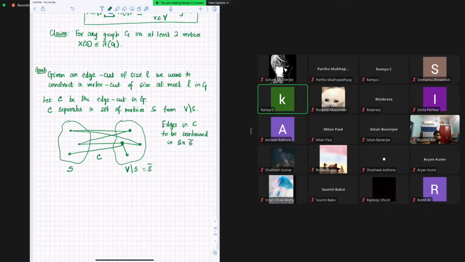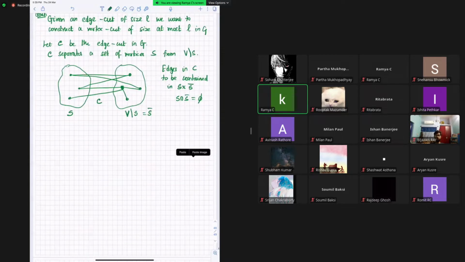So it picks one endpoint from S and the other from S complement, like a bridge. One pole is in S, the other end of the bridge is in S complement. We know that S intersection S complement is empty. So you have partitioned the set of vertices based on the edges in the cut.